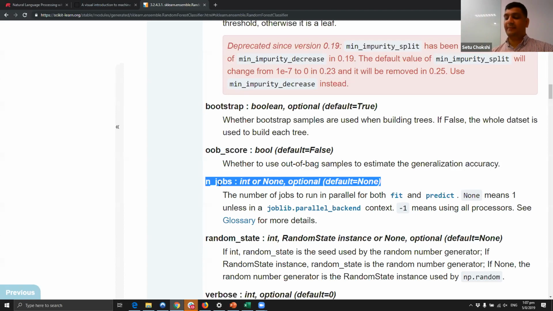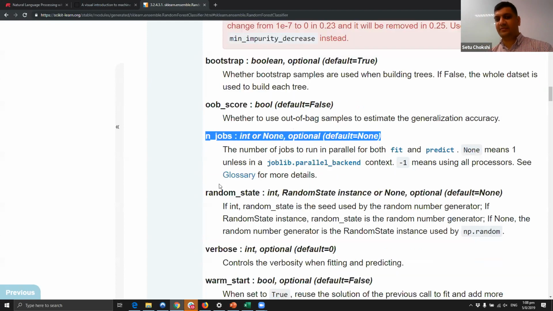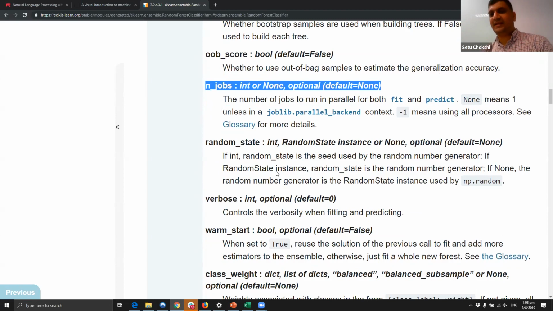Because I'm doing sampling by replacement, I can build 10 trees, 13 trees, depending on the number of cores that you have. That's why you get this number of jobs as a factor that you can set. And then, because there is a random state, you can work this out. Verbose just prints how it works.